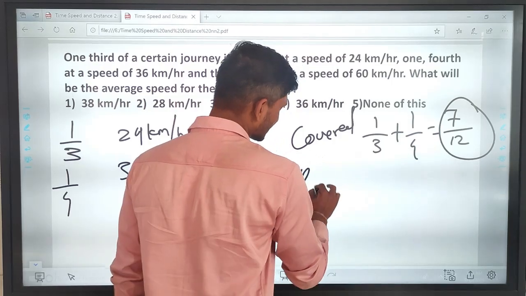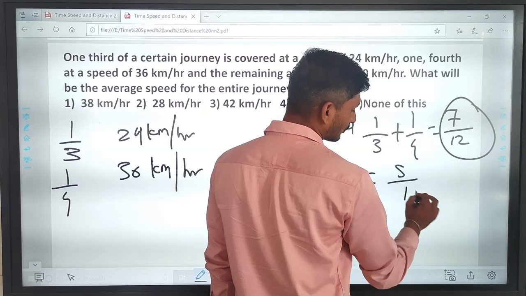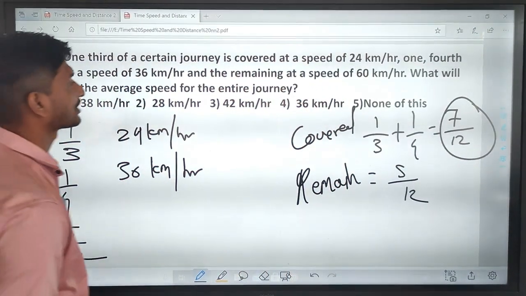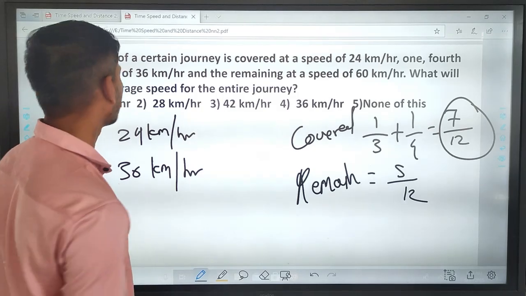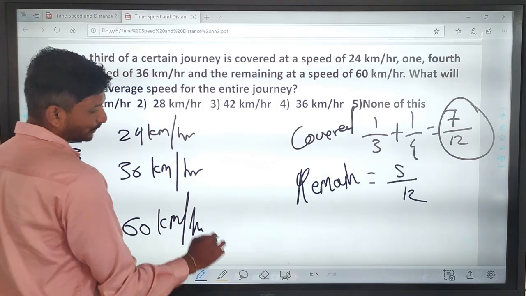Then the remaining distance is 5 by 12, which is covered at a speed of 60 km per hour.